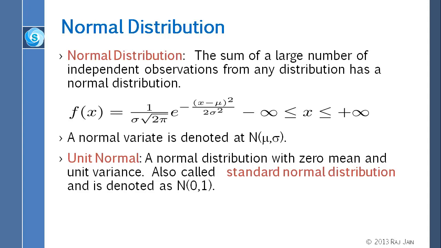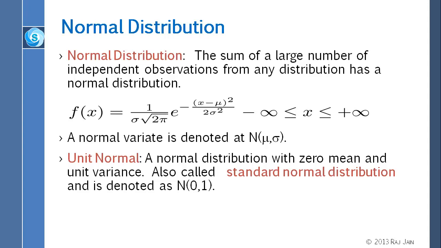So you take any random number from any distribution, but take a lot of them. Then the sum will be normally distributed in most cases. There are a few exceptions which we'll talk about towards the end of this class, but for almost all cases that we generally deal with, the sum is normally distributed.